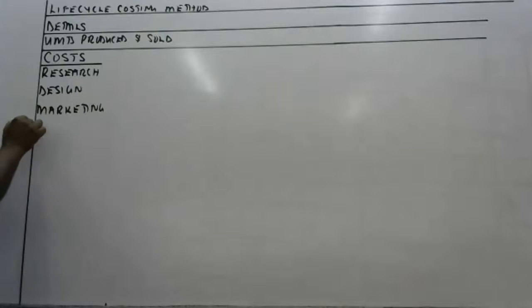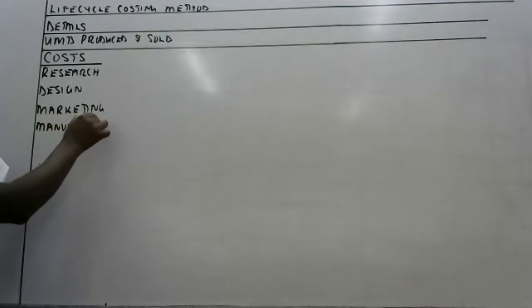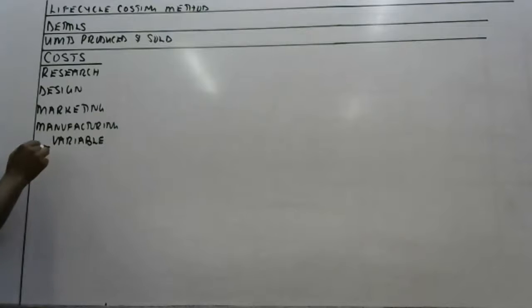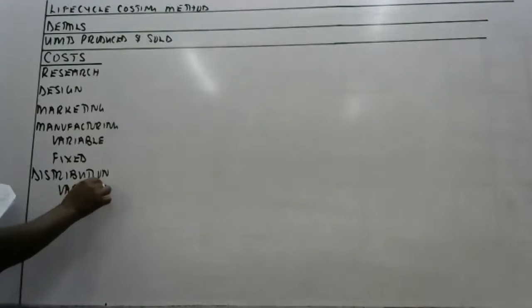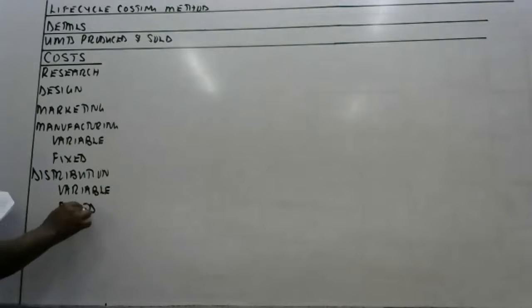We have manufacturing. At this manufacturing, first of all, we have the variable, and then we have fixed. Then we do have distribution, variable and then fixed.